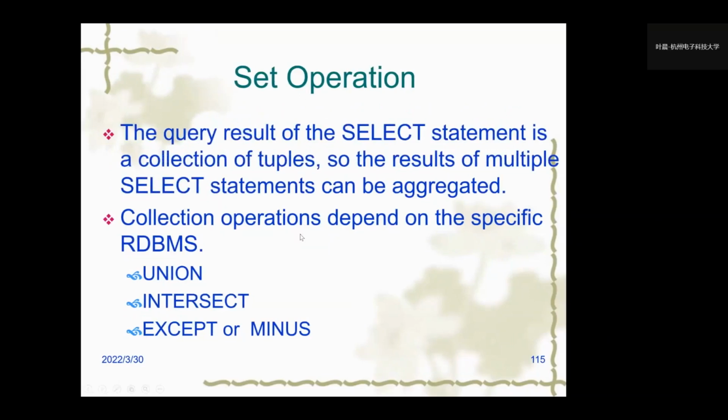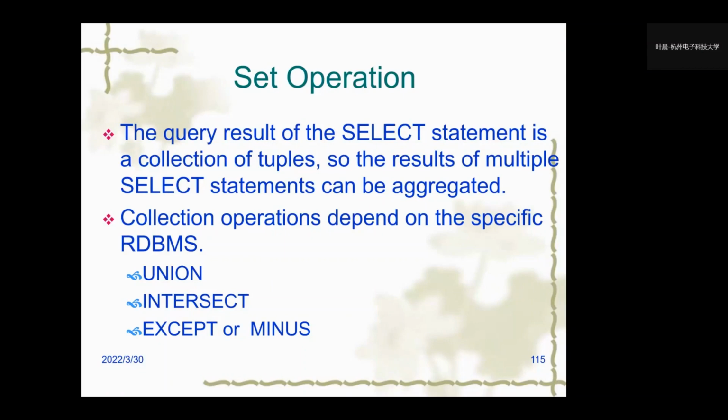And here, after we have discussed all these queries: inner join, outer join, and self join, we can discuss the set operations, because the query result of the select statement is a collection of tuples, right? So the results of multiple select statements can be aggregated.